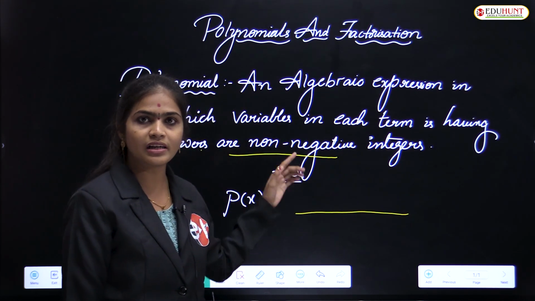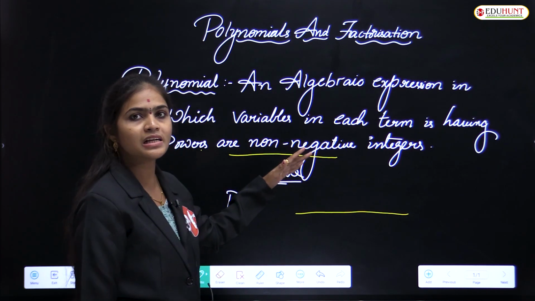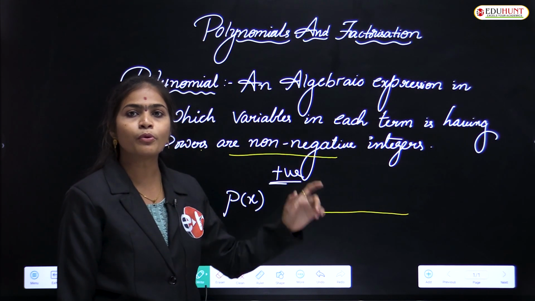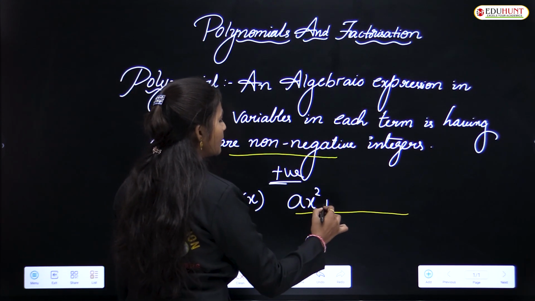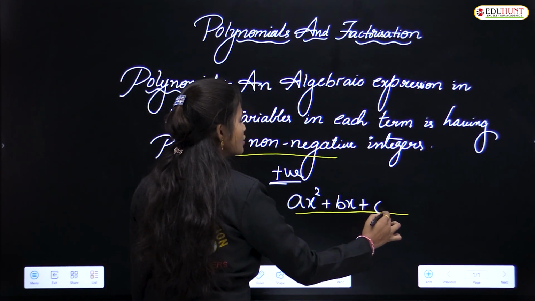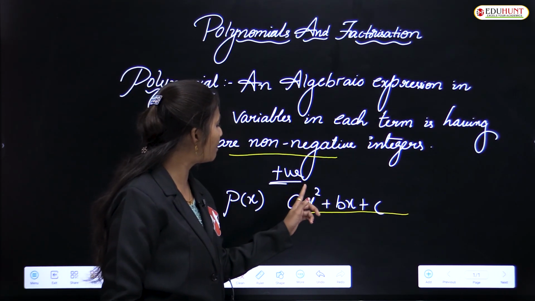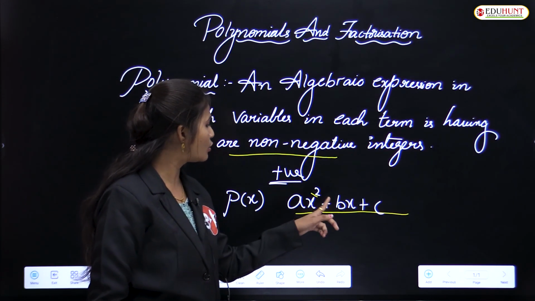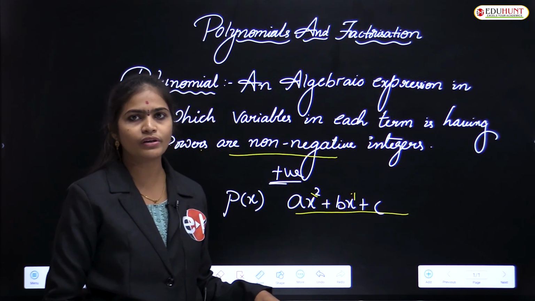Already I told you about monomials, trinomials, binomials and so on, right? So a polynomial consists of positive powers. For example, ax square plus bx plus c. This is one such expression, no? The power of the first term is 2 and the power of the second is 1, and the constant's power is 0, we know that.